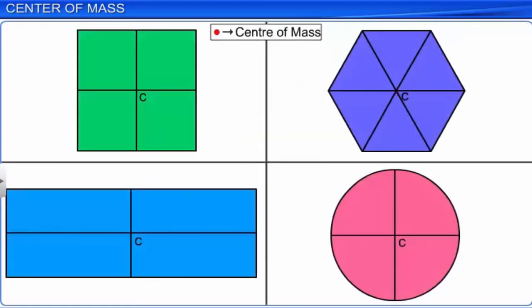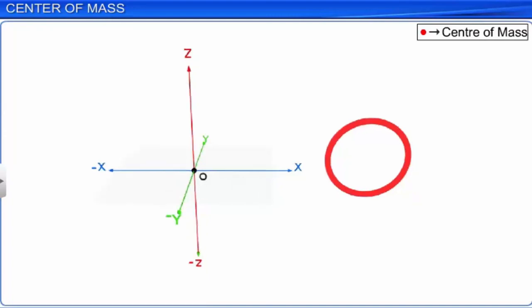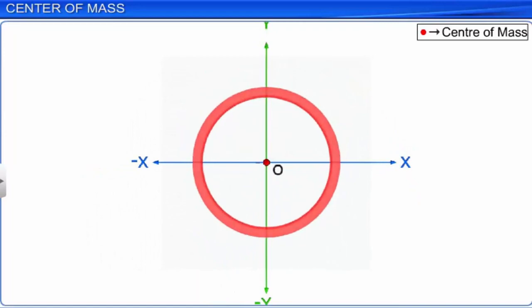We can make use of symmetry considerations while finding the center of mass of homogeneous and regular shaped bodies. For example, let us consider a homogeneous ring of radius r on an xy plane. Let us position the origin at the geometric center of the ring.